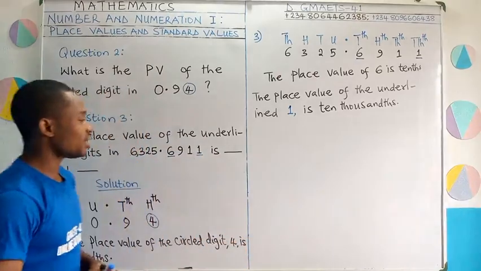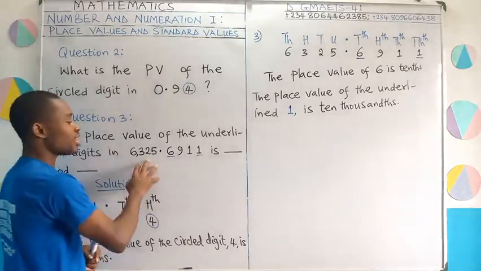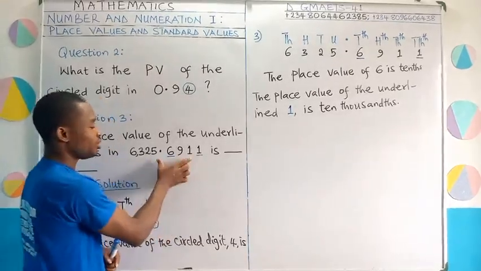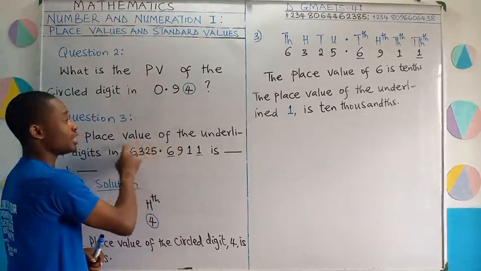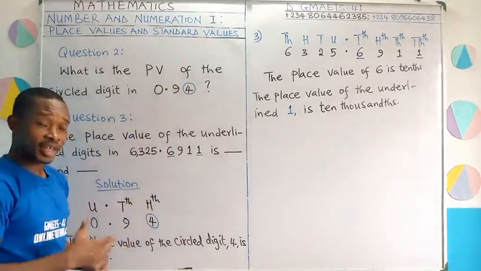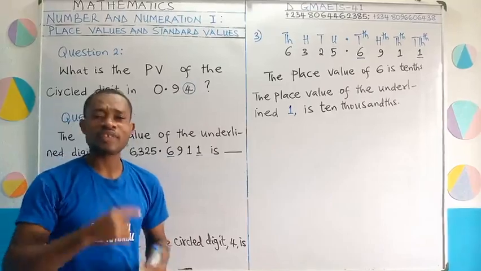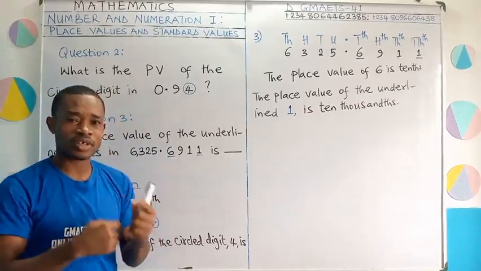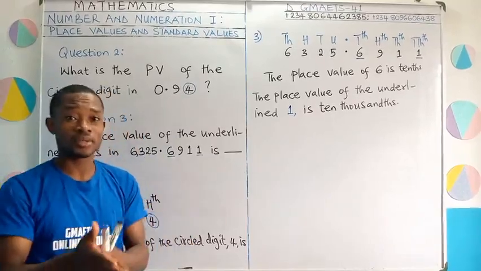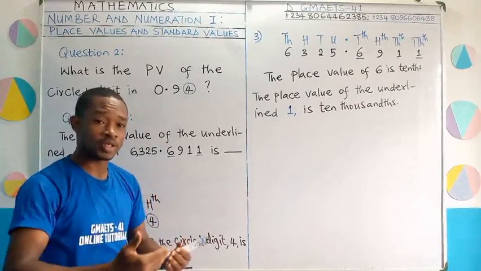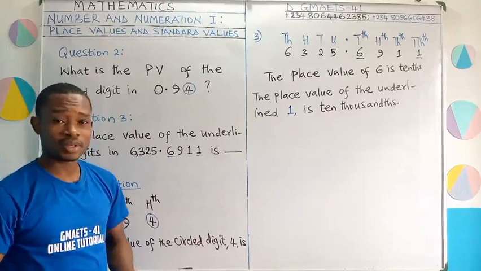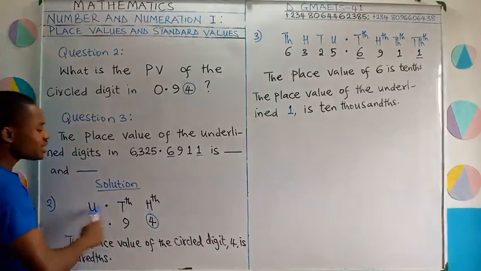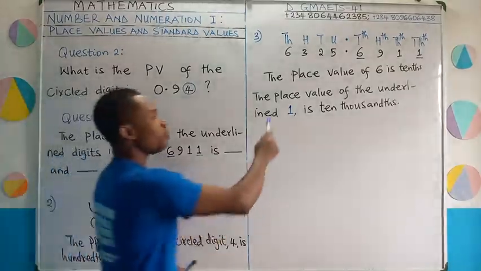Now, why is it that although I could have answered this question directly by looking at them and working on the place values there, I could have answered the questions directly. But if you notice, for all the questions we've been solving under place values, starting from whole numbers up to this point where we are dealing with decimals, I've always written out the place values.